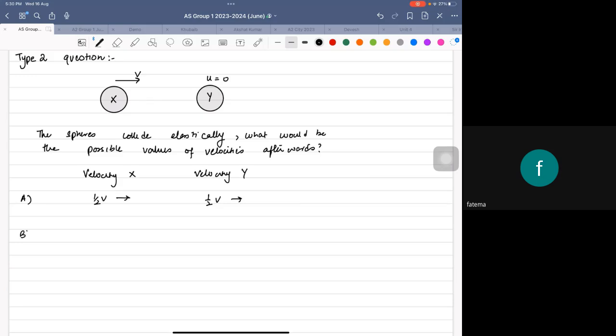Then part B, where they have given v to the left, they have given 0. Part C, they have given negative half v, half v to the left and half v to the right. Part D is where they've given 0 and v to the right, like that.